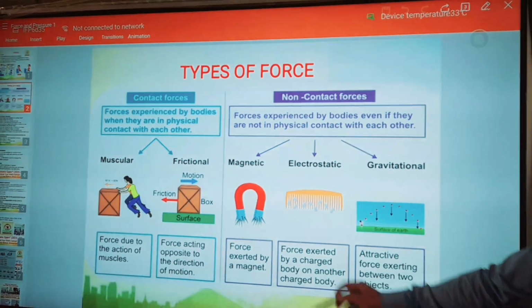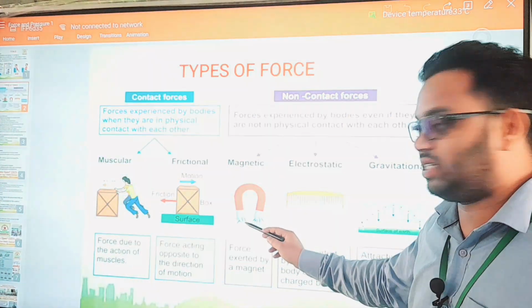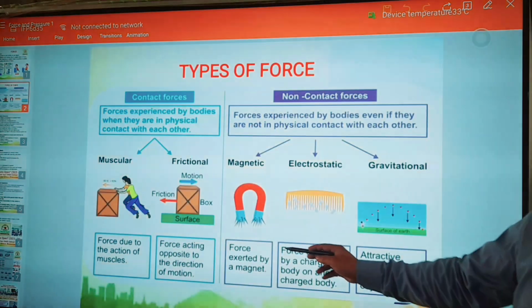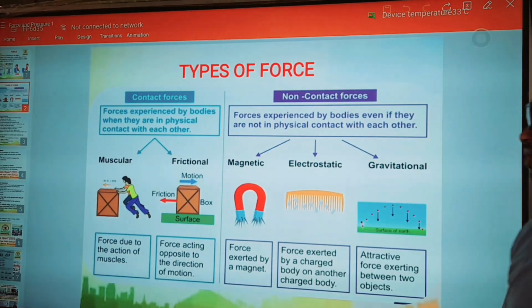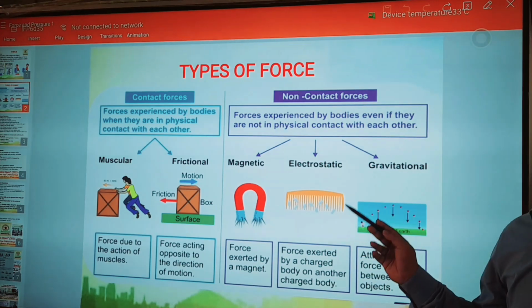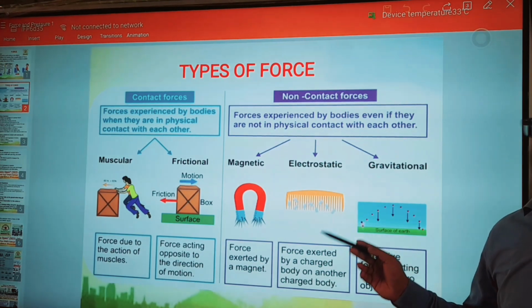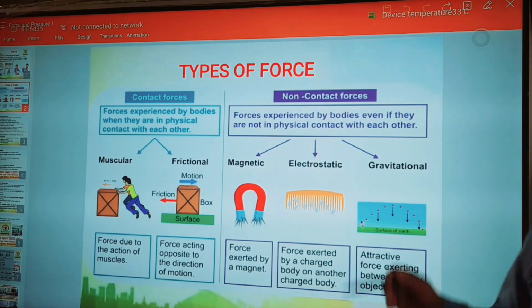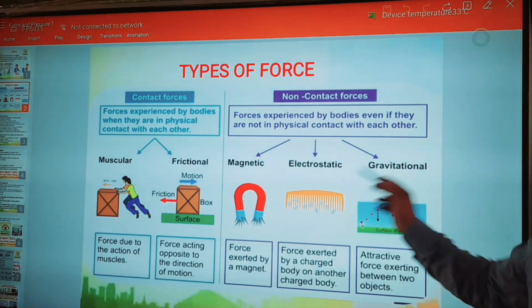You see here, this magnet is pulling the nails towards it. How is it possible? Magnetic force. And here electrostatic force: when we rub plastic on our dry hair, then the plastic can attract small pieces of paper. That is electrostatic force.